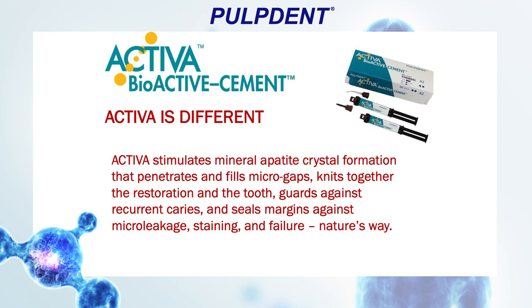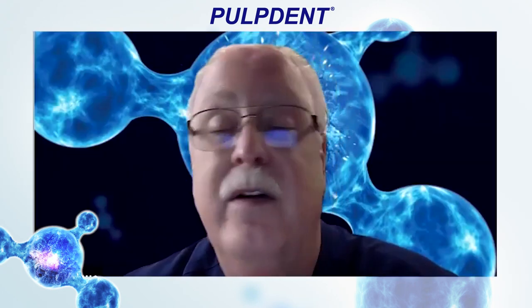It's nature's way. I ask again, how many of you in the audience, how many of you dentists have crowns in your own mouth? You know that there's no such thing as a closed margin. None of us have closed margins. It's only a question of how open they are. 30 to 50 microns is considered acceptable.